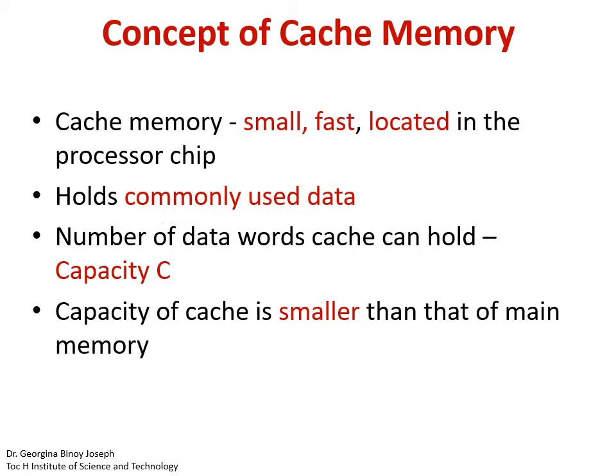So it is commonly used data that is stored inside the cache memory. The number of data words the cache can hold is called the cache capacity C. And obviously the cache is smaller than the main memory, so the capacity of the cache is smaller than that of the main memory.